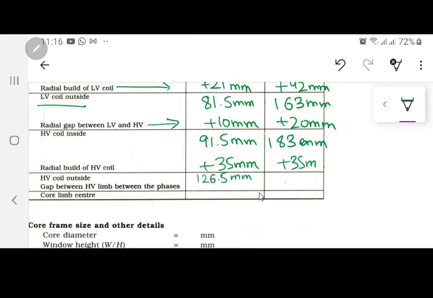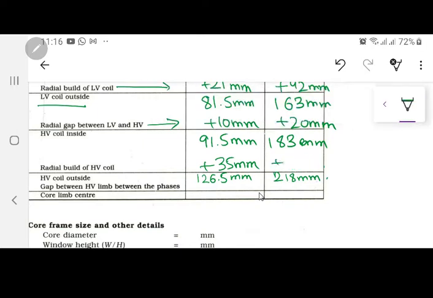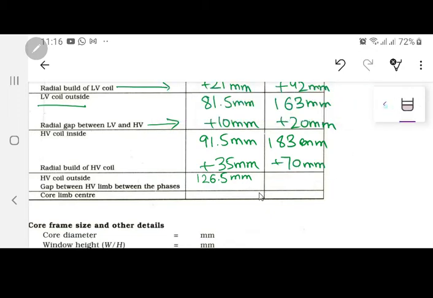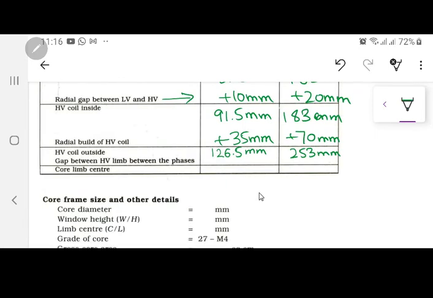This will be 218 mm. No, something went wrong here, take care. Oh sorry, this went wrong here. This has to be 70, double of that one: 253 mm.